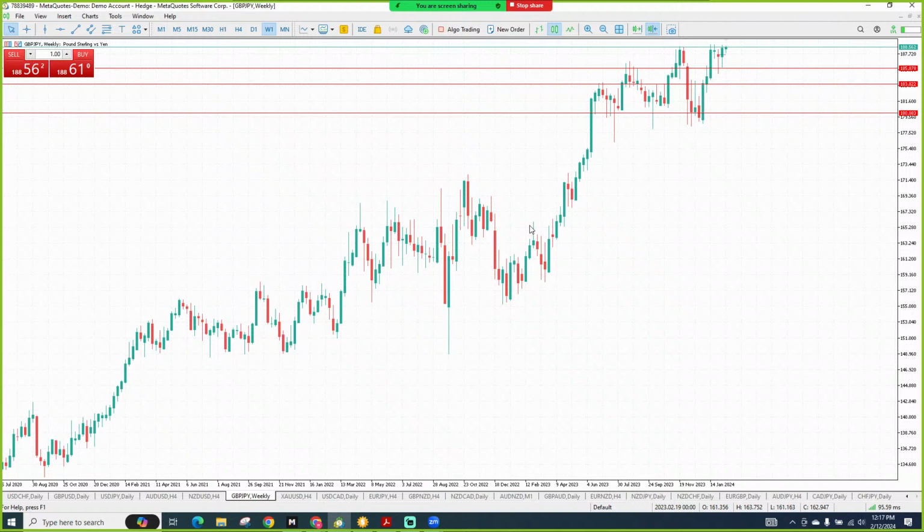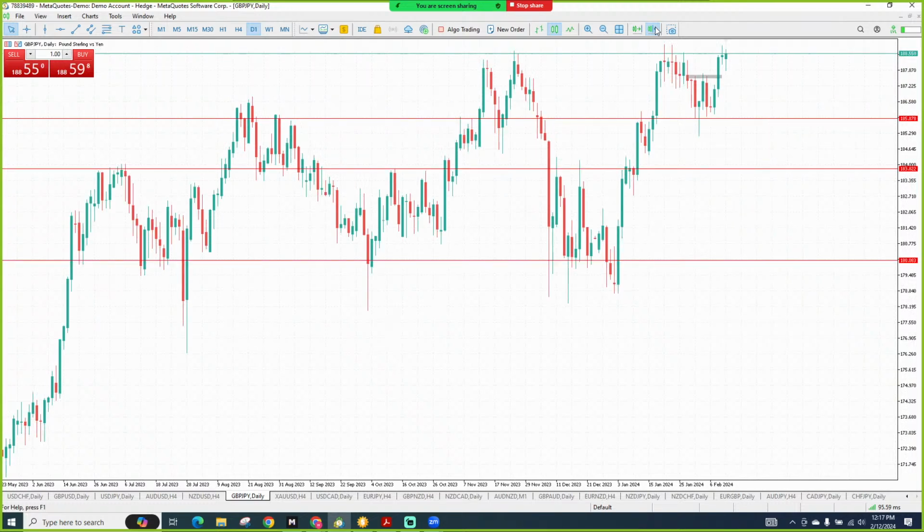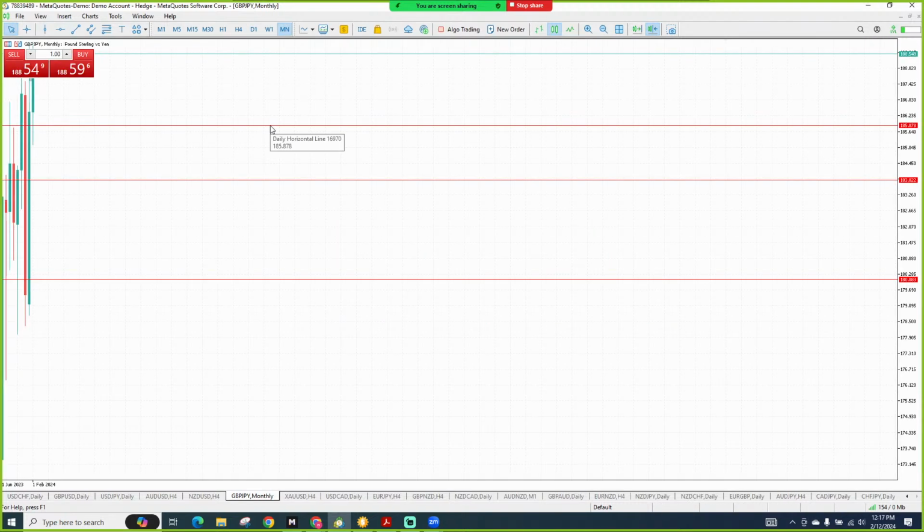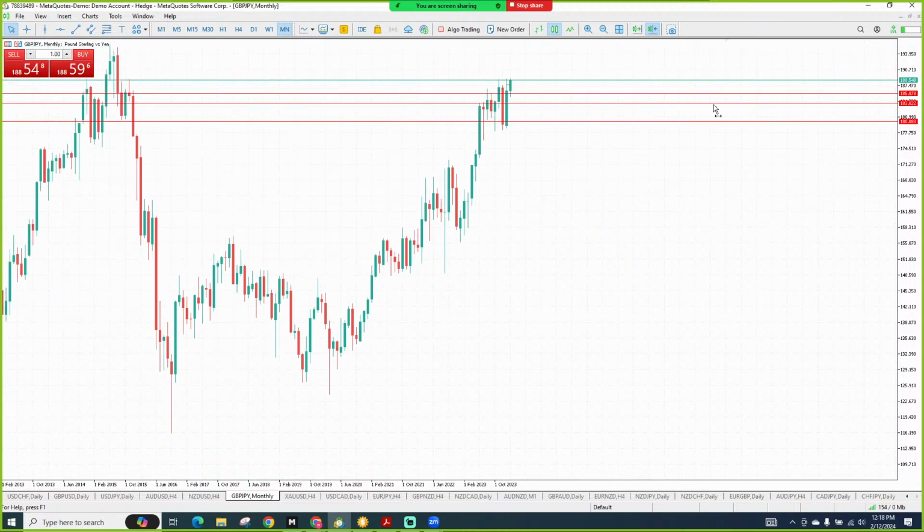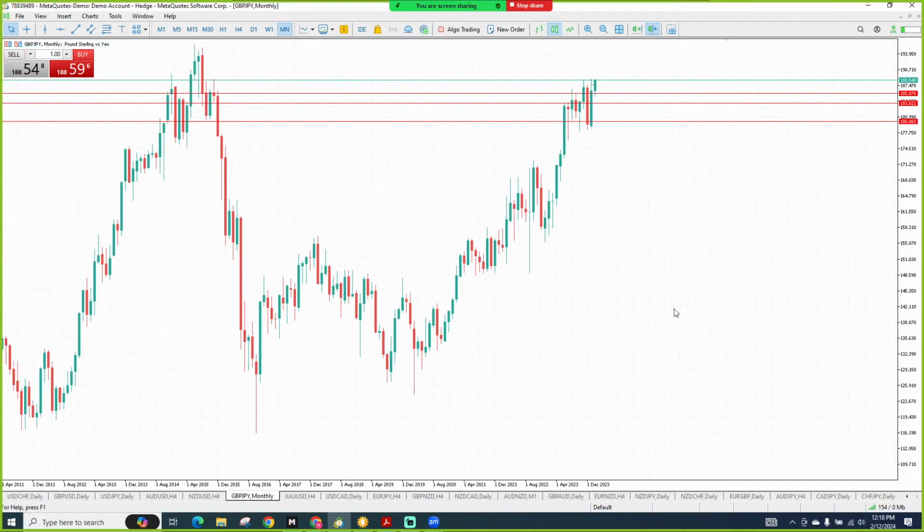So a market like this, I might say there is a support at this area, but that's not conclusive because it seems the buying pressure is still pretty high. Let's go to 1 month. Let's see how the market is behaving in 1 month. 1 month is telling us that the buying pressure is still high. There's a lot of buying pressure in the market.